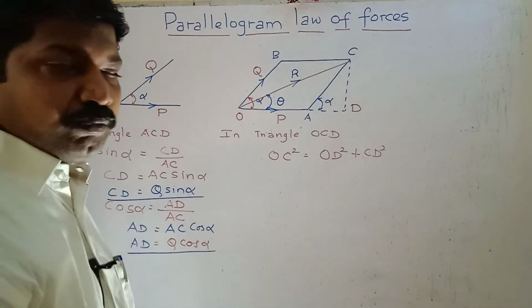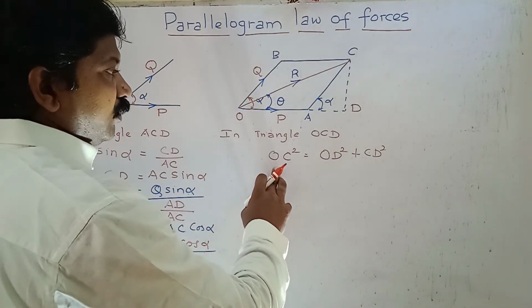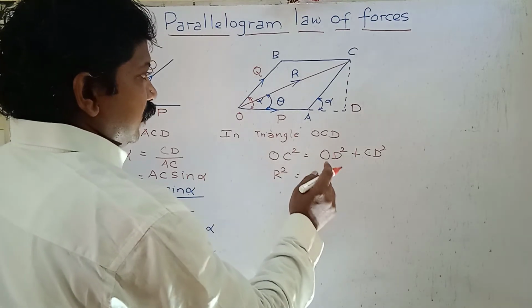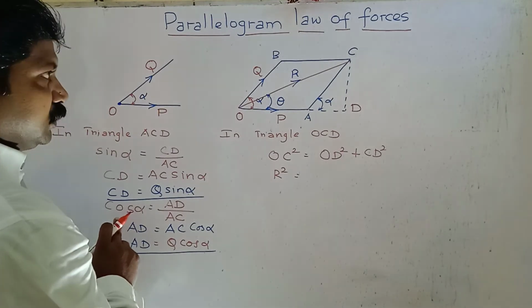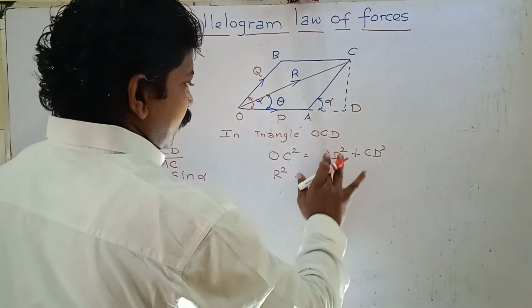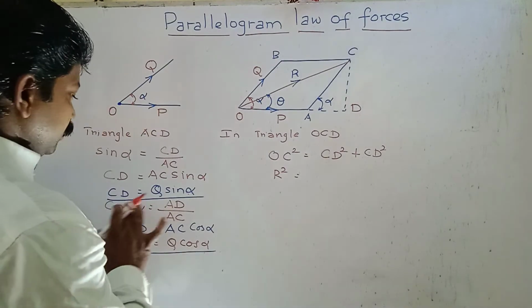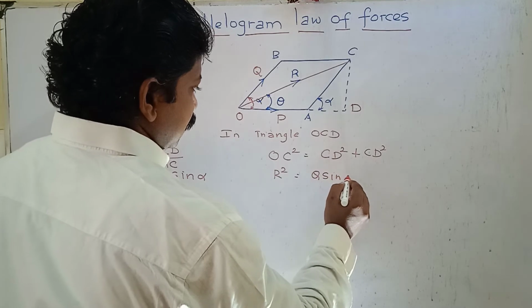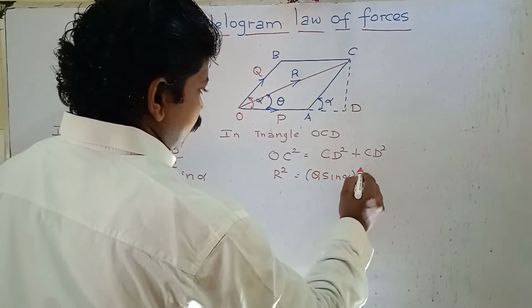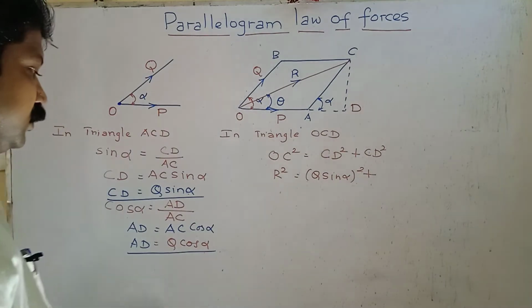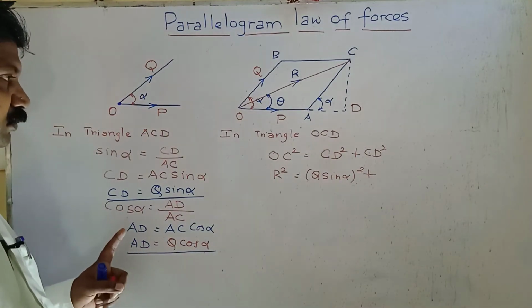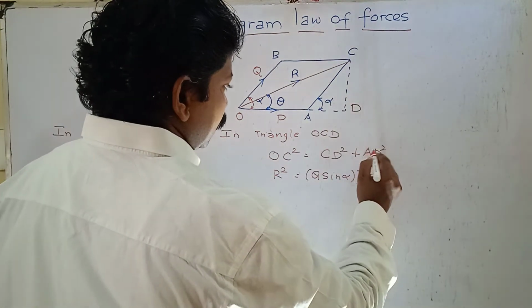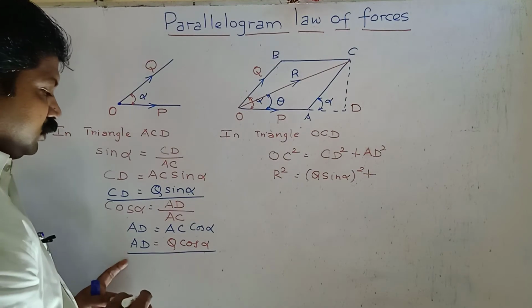Here OC equals R, CD equals Q sin alpha, so Q sin alpha the whole square, plus OD square. OD equals OA plus AD, where AD equals Q cos alpha.